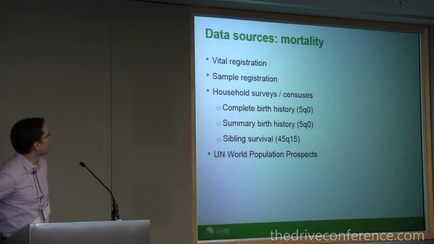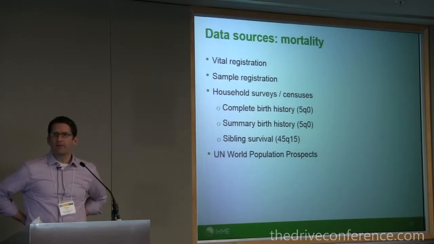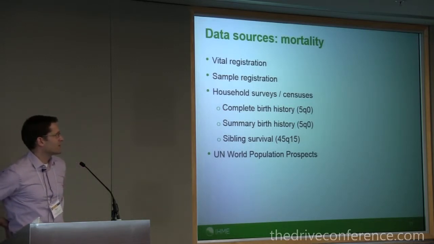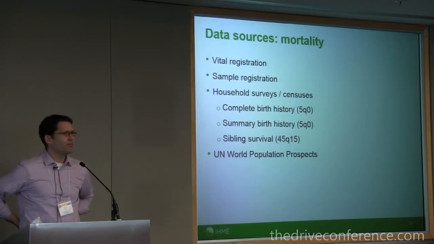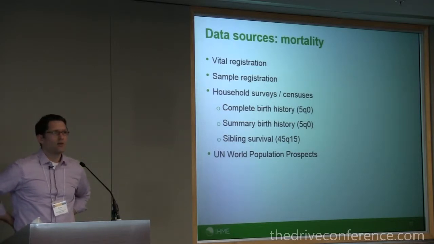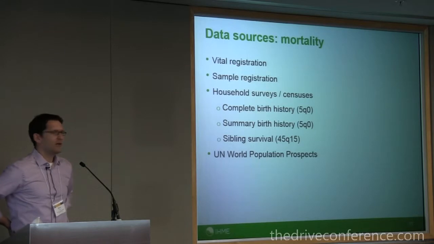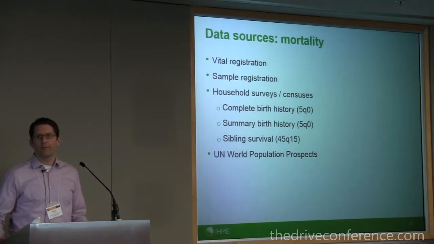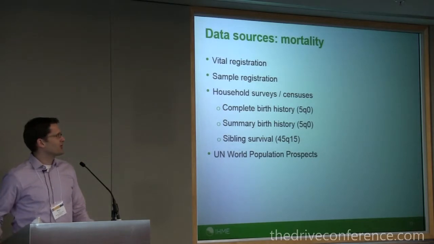So we start with mortality, right? We need to understand how many people die in the world. And the most important source for this is vital registration. So in most developed countries like the US, every birth and every death is registered, usually with a cause of death. And so if the system is reasonably complete, then you can just say, well, I know all the deaths in a given country in a given year by age. It's very simple. Most systems in the world are not complete.